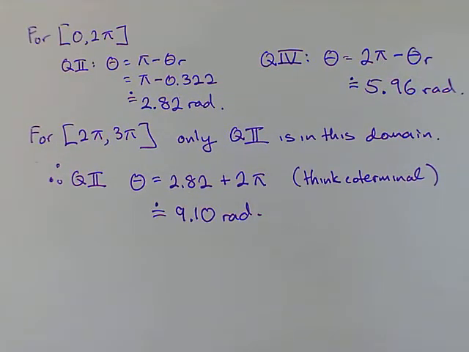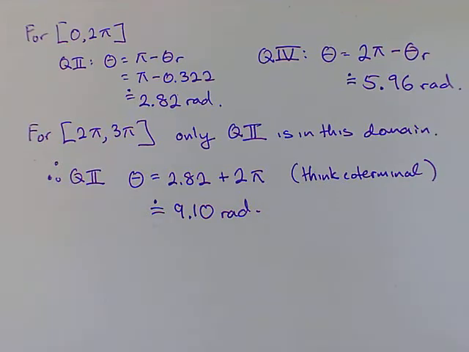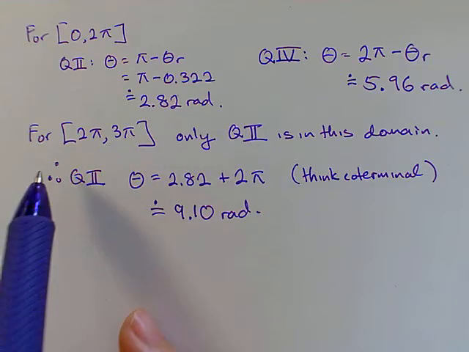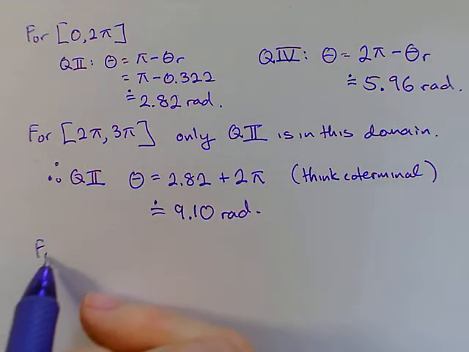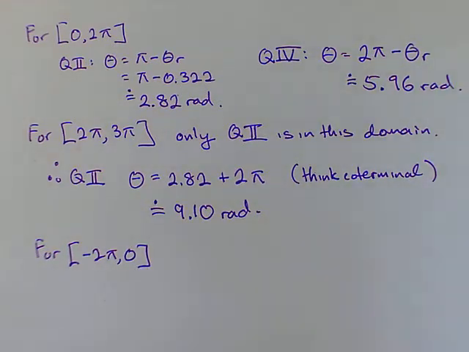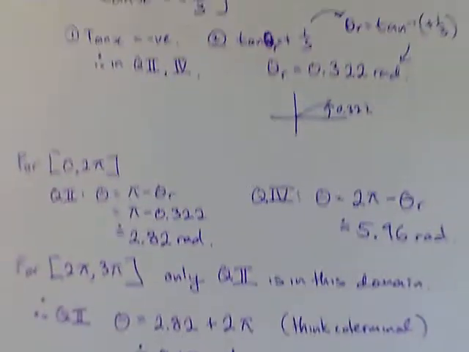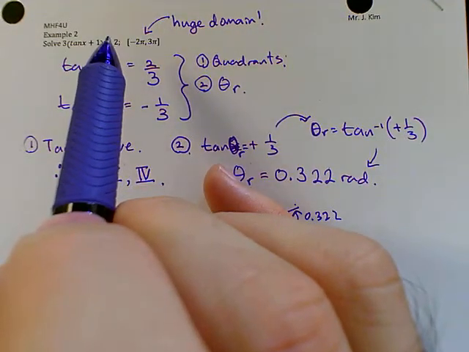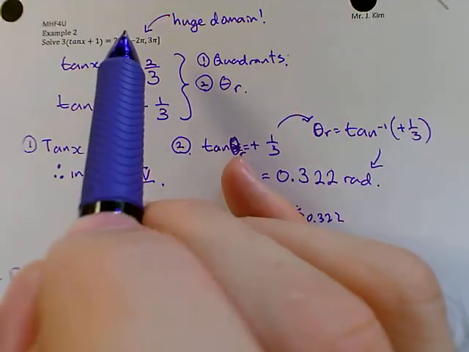And at this point, some of you are still copying, others might be ready to move on. I'm going to challenge you to think about the interval from negative 2 pi to 0. Because if you go back to the original question, it asks for that negative side as well, right here. What is going on? Spam.